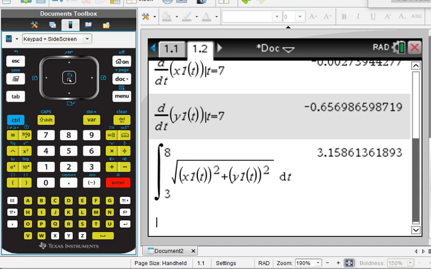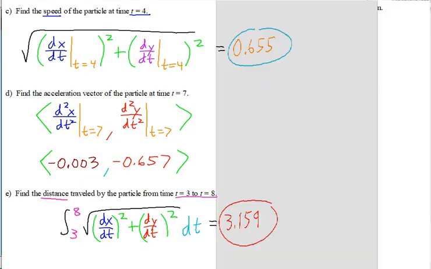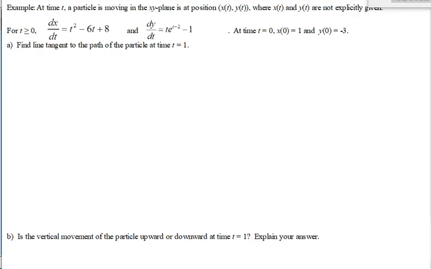Alright, so let's take a look at one more with the graphing calculator, and this one asks for some different things here. So let's go ahead and enter these in both calculators here.